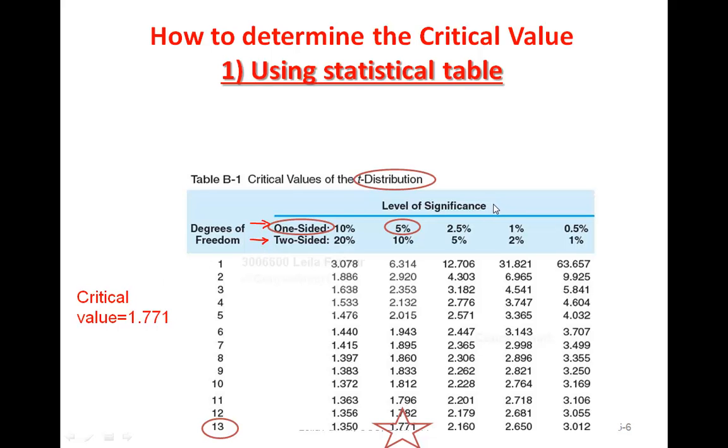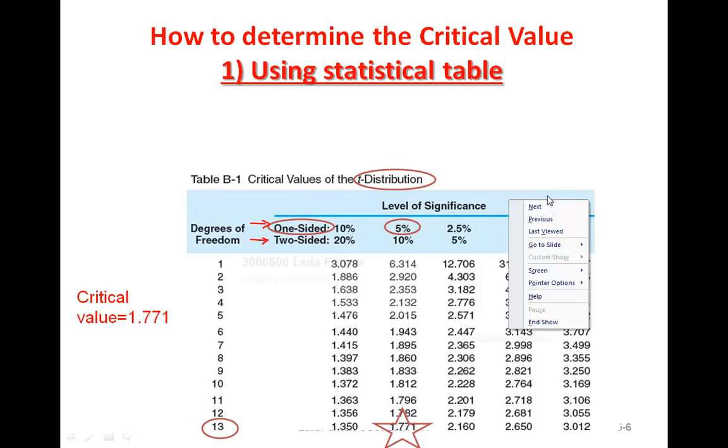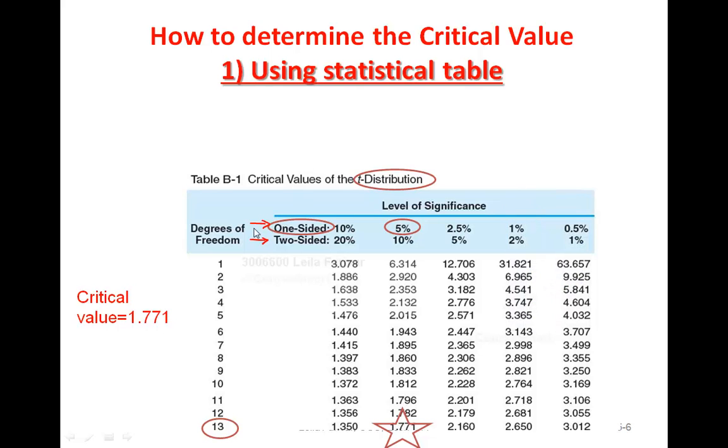Level of significance, that's the alpha parameter or the probability of type 1 error. And degrees of freedom, that's n minus k minus 1 for a simple t-test. N is the sample size, k is the number of independent variables, the number of x variables that you have in the model, and we deduct 1 as well.